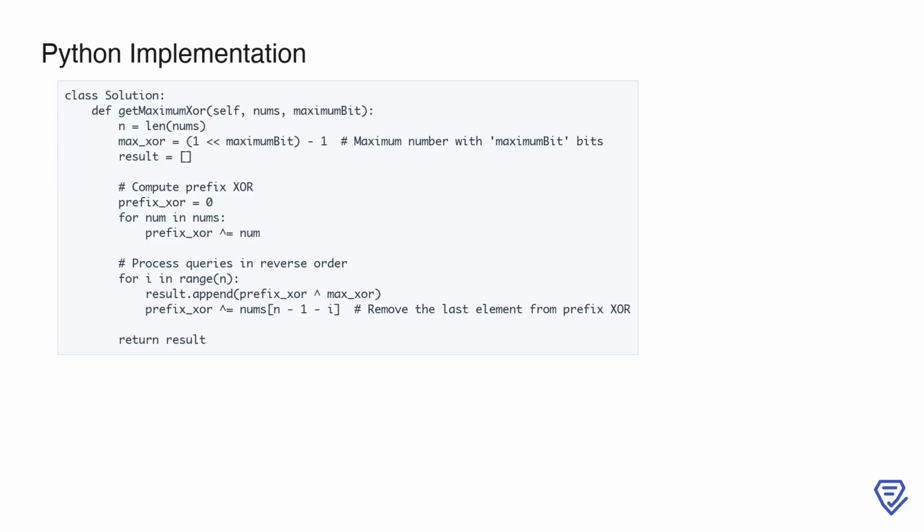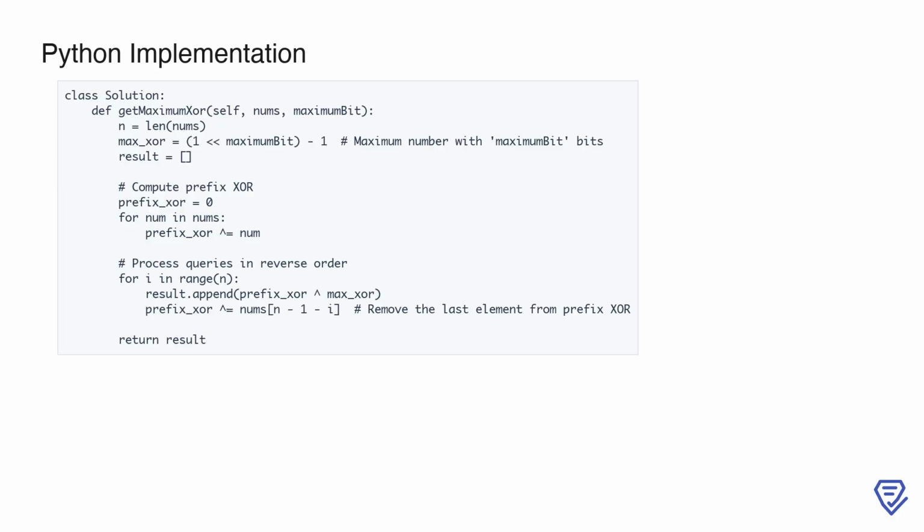2. Prefix XOR precomputation. The prefix_XOR variable keeps track of the XOR of all elements from the start of the array up to the current index. This allows efficient computation of XOR for any prefix. 3. Reverse query processing. The problem specifies that the queries should be answered in reverse order.